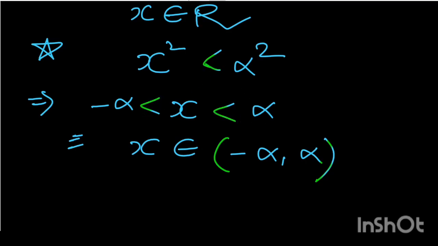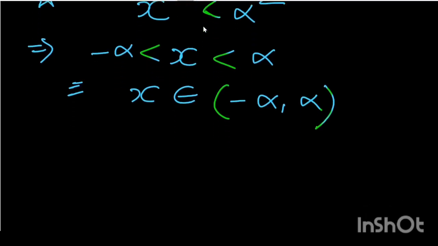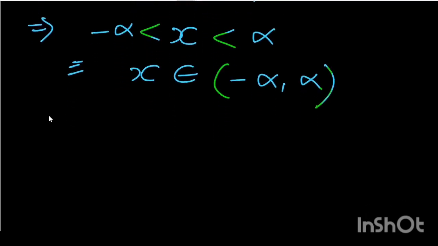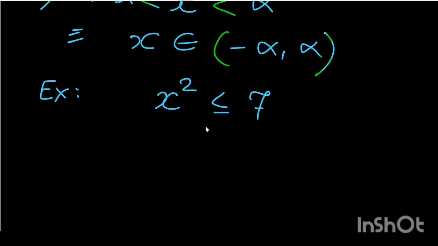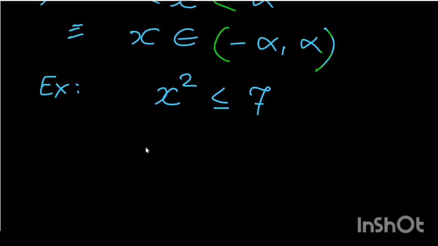Okay, so let's take some examples on this. For example, x square less than or equal to 7. Yes, guys, we can write it, since this is alpha.